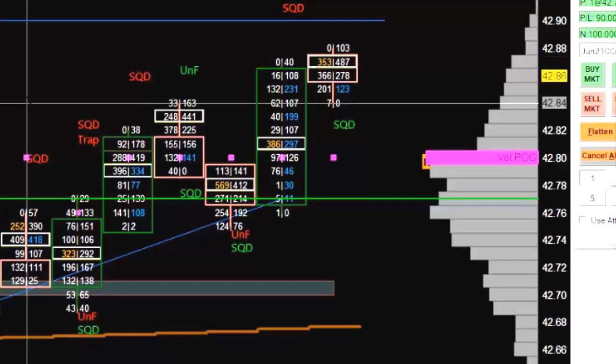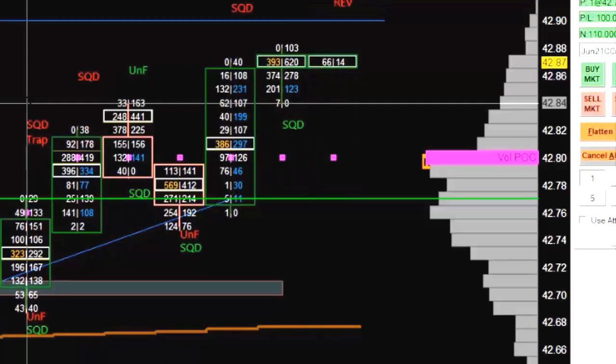Now when you get up to these higher levels, obviously buyers are in control. You do not want to sit there and try to short it. Even if you're right on a short, you're only going to get a couple ticks. A little bit of sellers coming in.